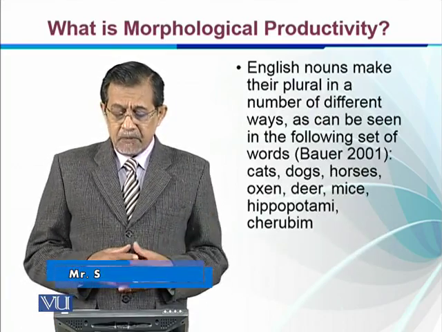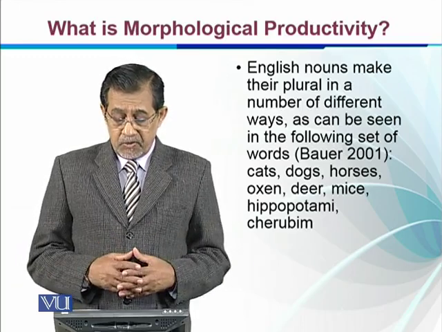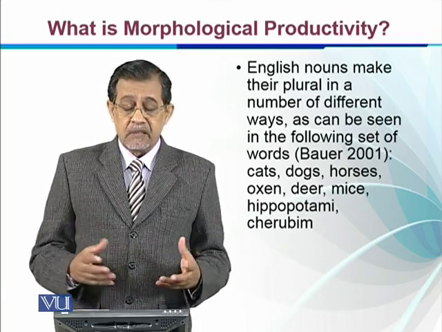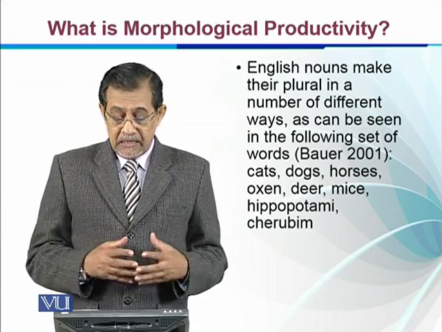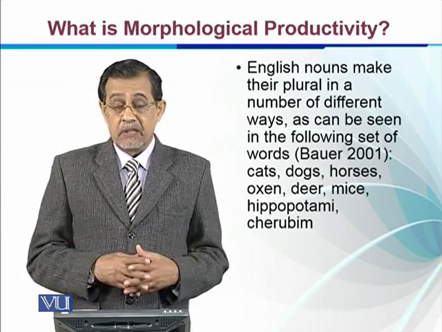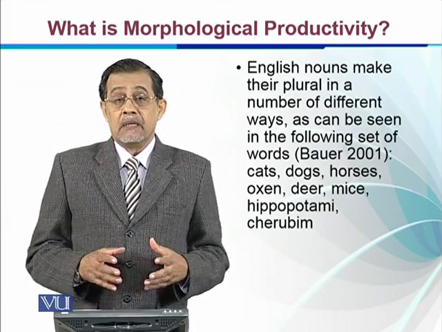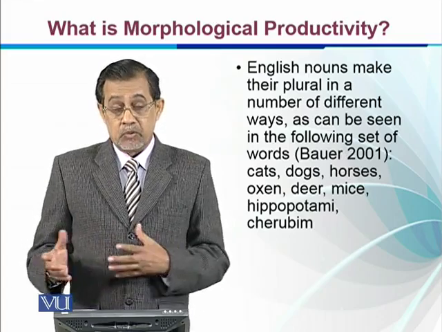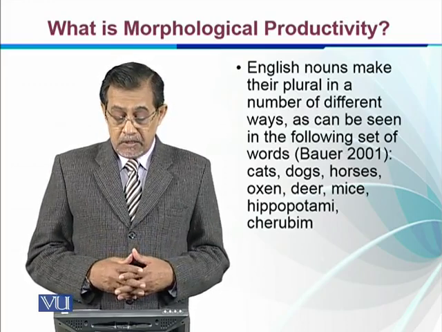English nouns make their plural in a number of different ways, as can be seen in the following. For example, cats, dogs, horses, oxen, deer with zero plural, mice, an internal change, hippopotami, the altogether different inflection.